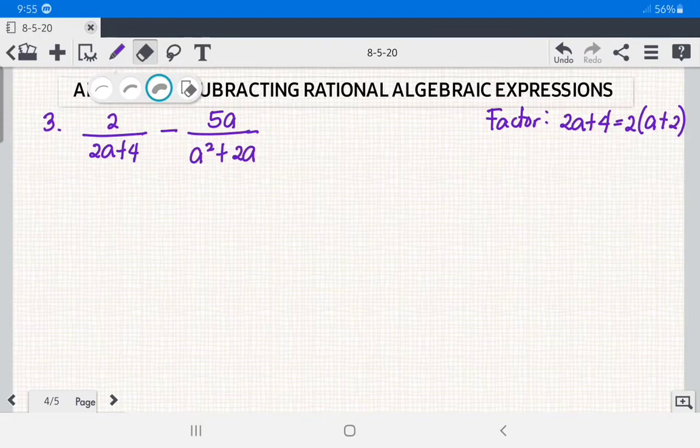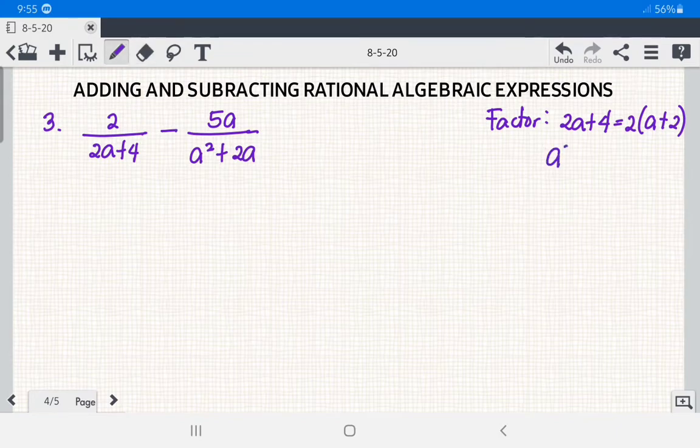Next, for the second denominator, which is a squared plus 2a, as you can see, the common factor here is a, right? So we have a. Since you now have the common factor a, you divide a squared by a to get the other factor.